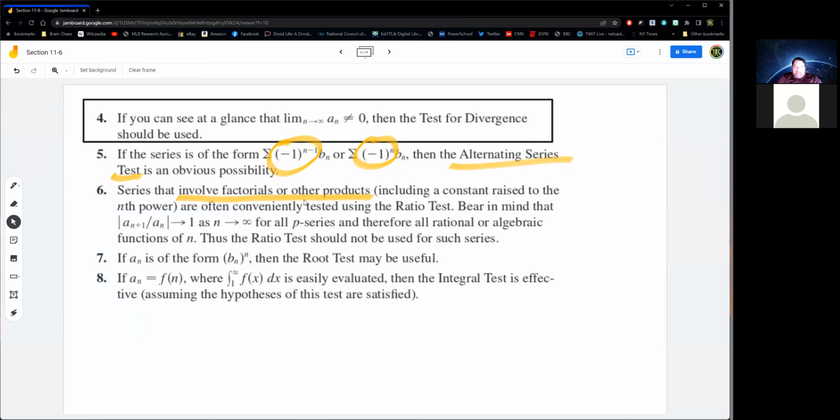You'll use the root test, again, when you have something raised to the nth power. And if all else fails, do integration. Notice how that's literally the last option that we're going to look at.